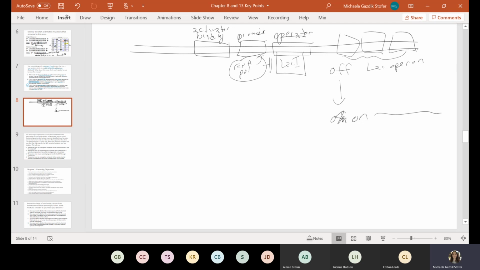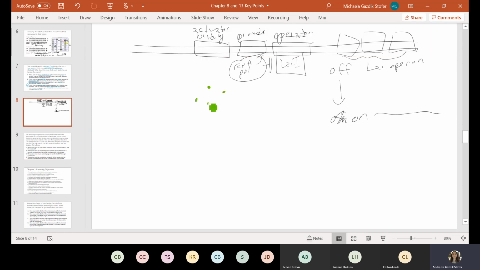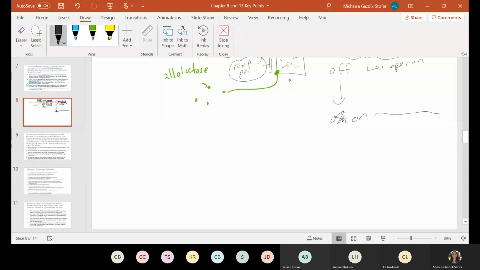And the way that works is if lactose shows up in the cell, which means lactose is now in the environment. This is what we call allolactose, which is just a slightly modified version of lactose. It's going to come in, it's going to bind to the LAC-I, and when that happens, the LAC-I changes shape.